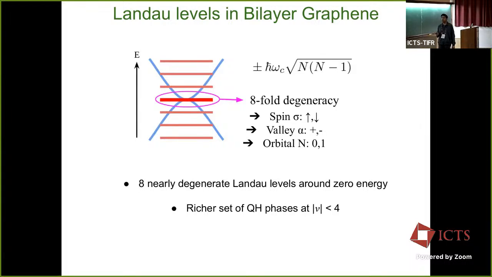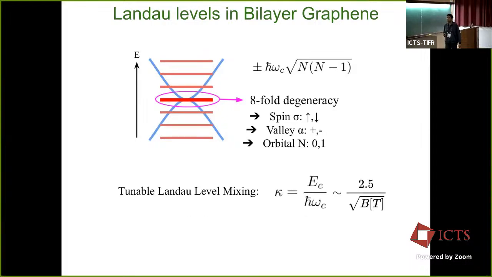So due to the nearly eightfold degenerate Landau levels, you can have a much richer set of quantum Hall phases in the range of -4 to +4, which you may be able to tune between by using the displacement field.